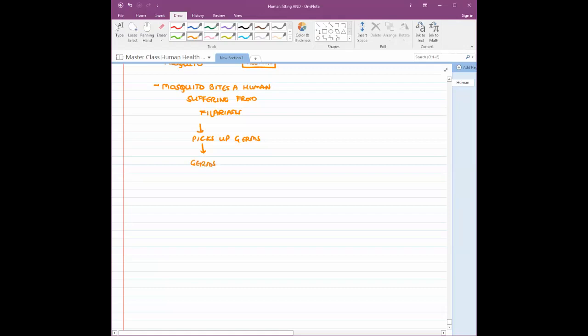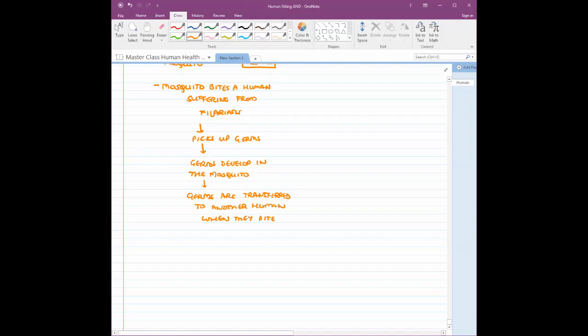The moment it picks up germs, these germs undergo a series of development in the mosquito. Now, as the germs develop in the mosquito, the mosquito bites another human. So the same germs are transferred to another human when they bite.